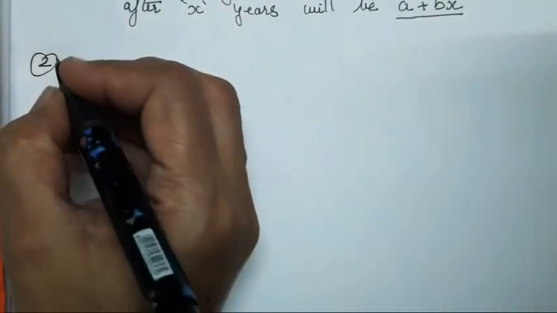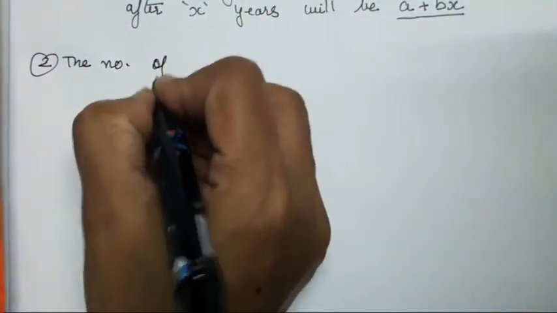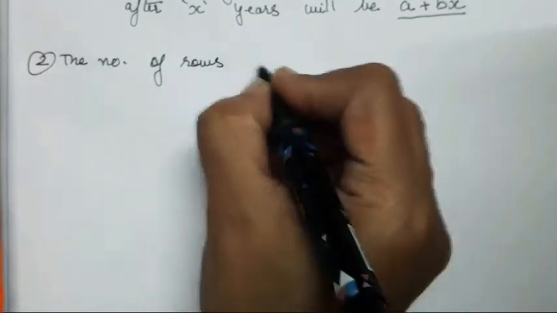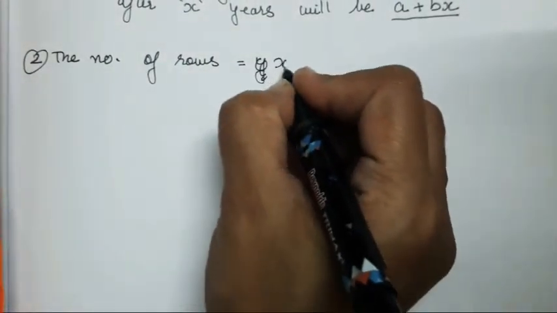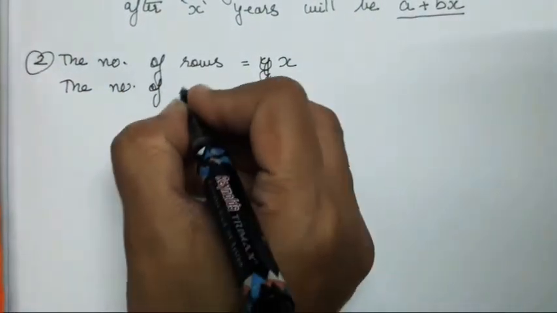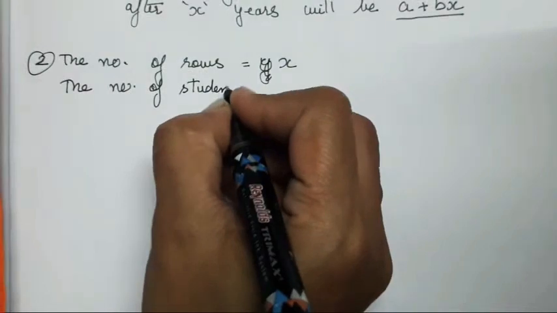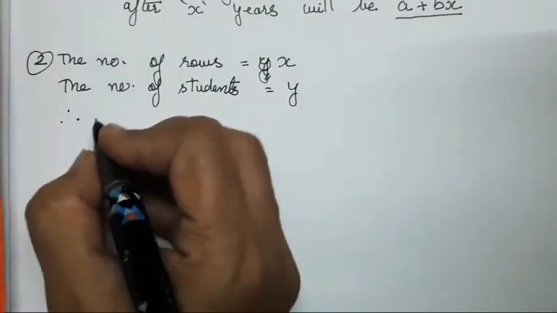So first we will write whatever is given, the number of rows. So how many rows? X, it is given in the form of X, and the number of students is Y, isn't it? Students is Y. Therefore what we have to find?